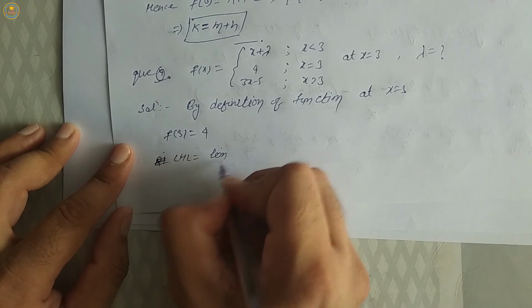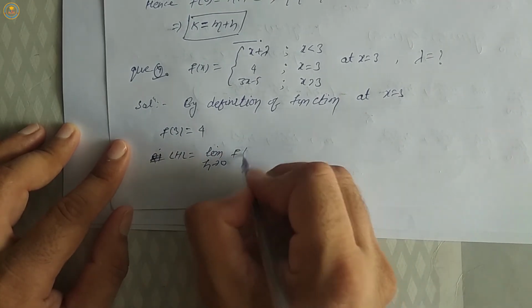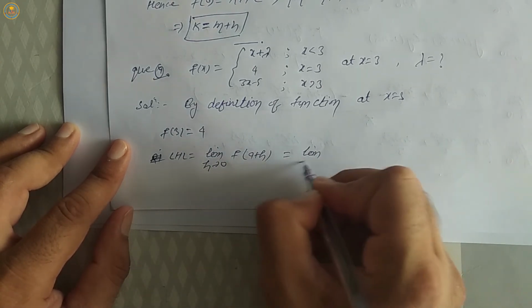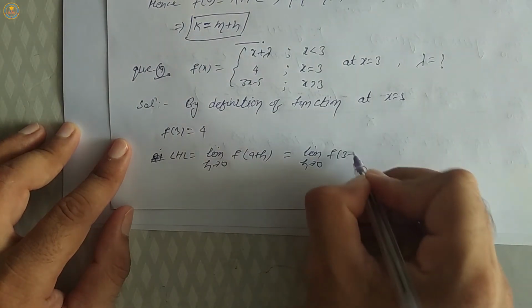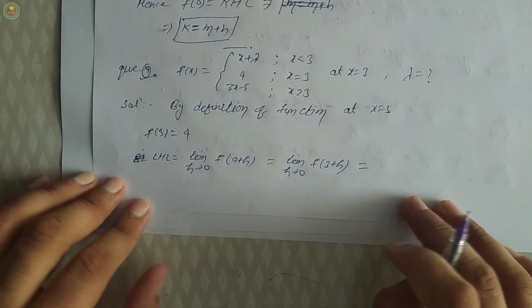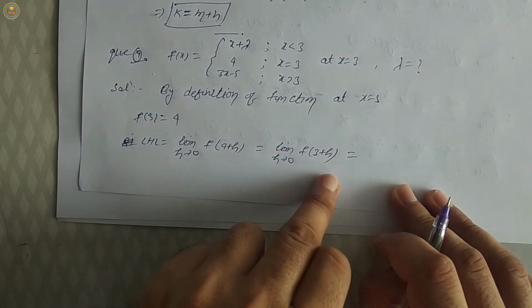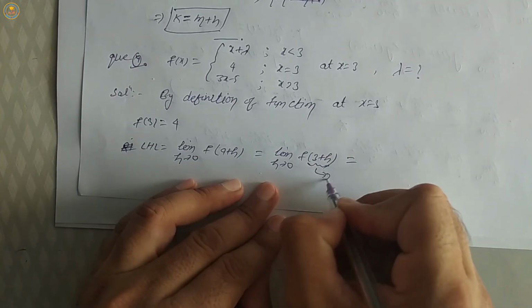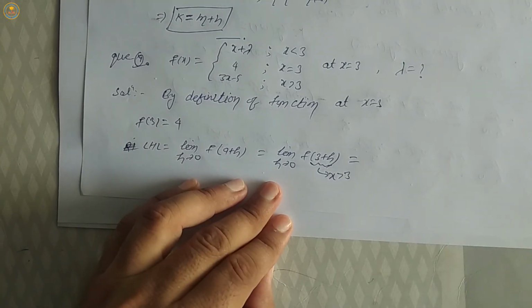LHL is equal to limit h tends to 0 of f(a minus h), with a equal to 3, that is f(3 minus h), where x is equal to 3 minus h, which means x less than 3.